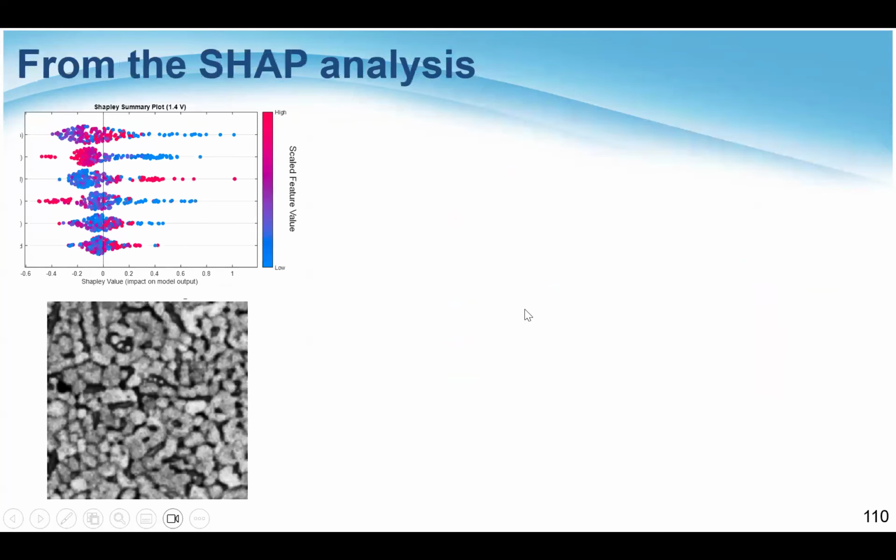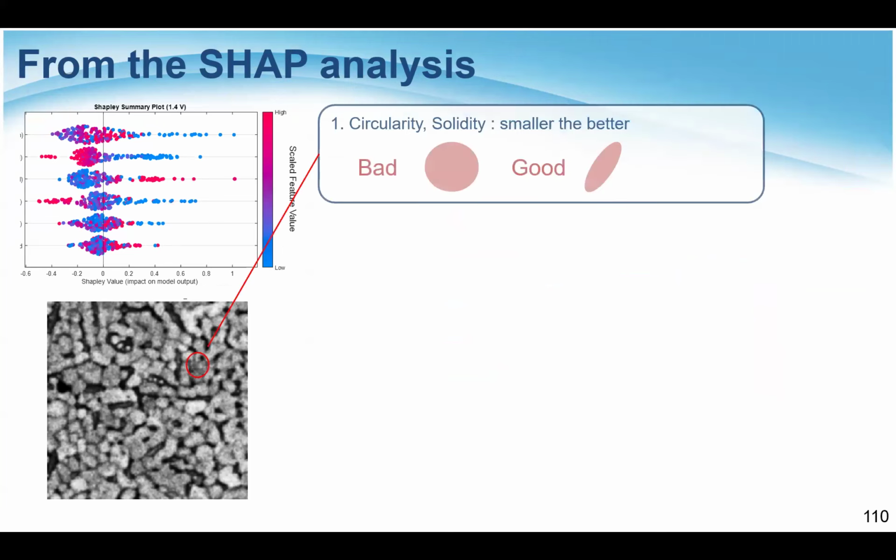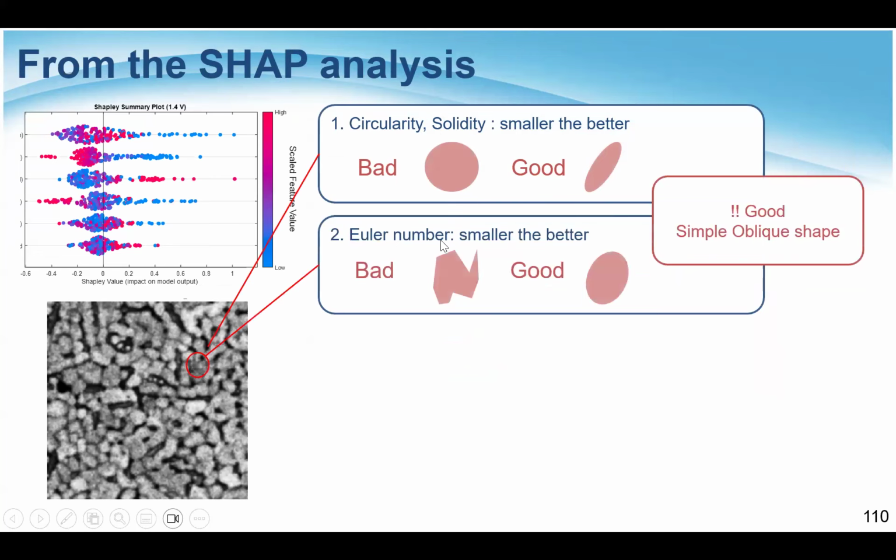What we can learn from here is this. For each particle, smaller circularity and solidity are better, and smaller Euler number is better, meaning that a complicated shape is bad and a simple shape is good. And an elongated one is good. So this indicates a simple oblique shape is good.